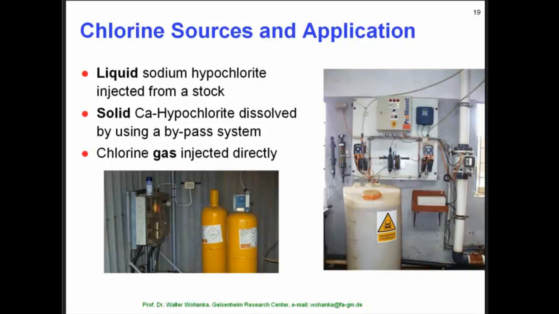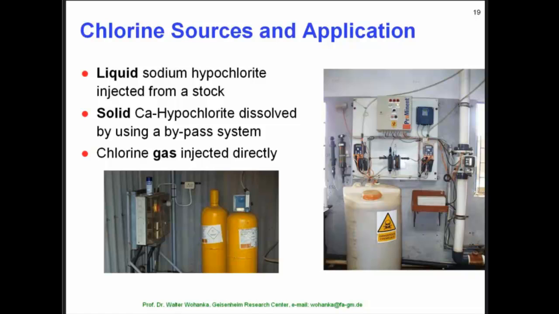Finally, the gaseous chlorine is injected directly from a gas cylinder. However, due to the high health hazard, it needs specific equipment and precautions to prevent toxification of people and environment. Perhaps for these reasons, it is not common in European horticulture.